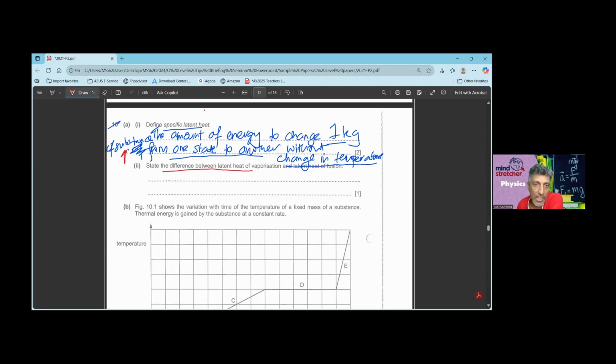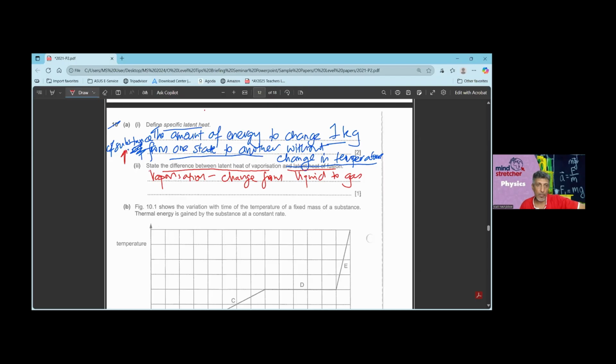Now, state the difference between latent heat of vaporization and latent heat of fusion. Vaporization involves change from liquid to gas, or vice versa.